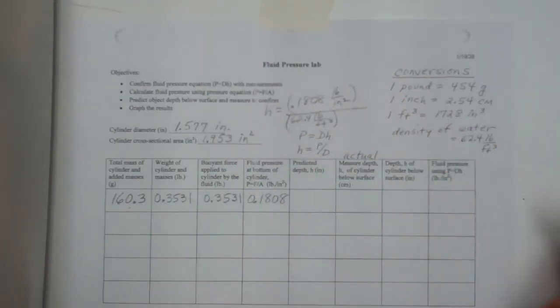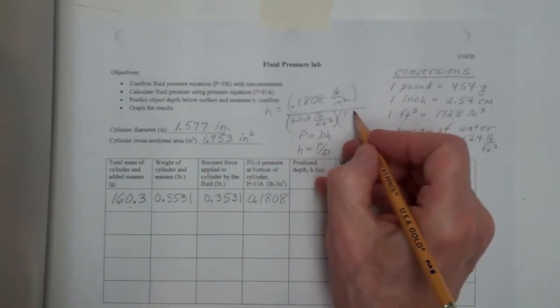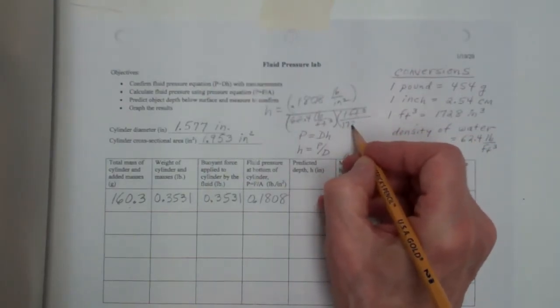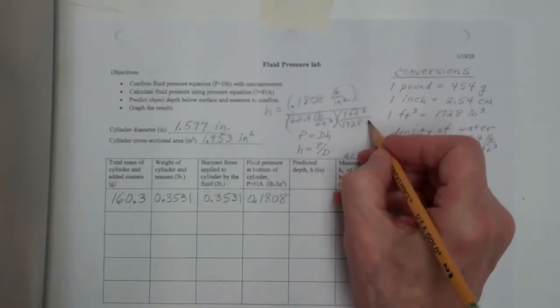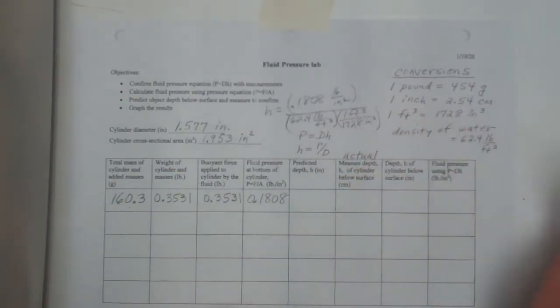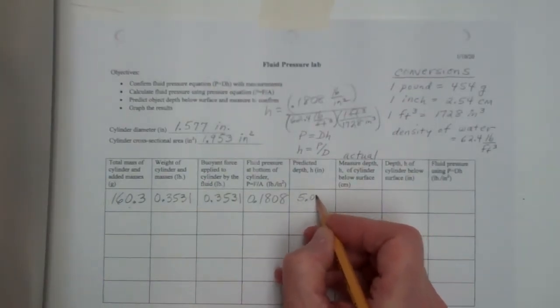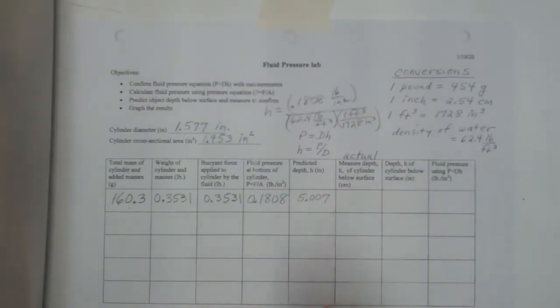So you see you need a conversion. You'll need to throw in a conversion between cubic feet and cubic inches, and then you'll get a result in actual inches. So in this case it ends up being 5.007, just a little more than 5 inches.